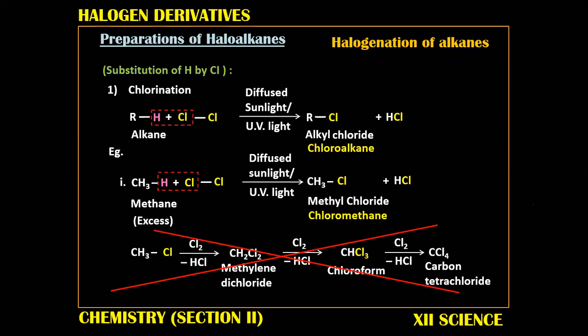So we will not get the further products. Methylene dichloride, chloroform, and carbon tetrachloride will not be obtained in quantity. They will be there but in traces, but methyl chloride will be the major product.